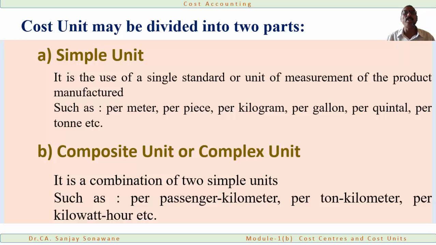So will you cover this 40 rupees from one person? The answer is no. If there are 40 passengers, then we divide this 40 rupees per kilometer cost by the number of passengers. We will get per passenger per kilometer. So the answer would be 1 rupee as the cost per passenger per kilometer.